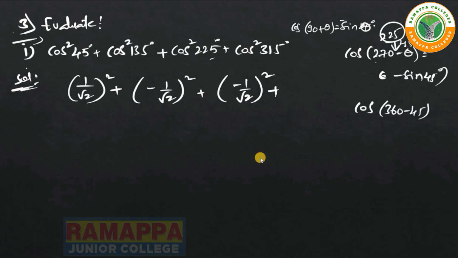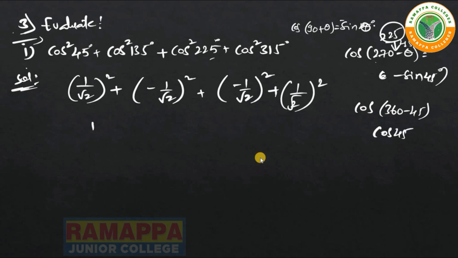That will be cos theta only, not minus, so plus cos 45, 1 by root 2 whole square.